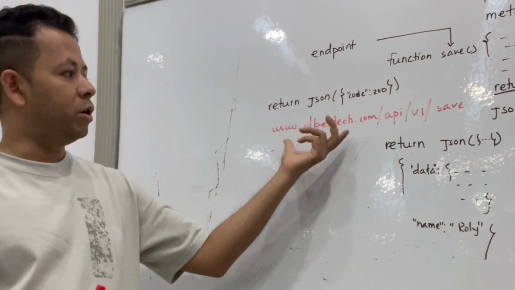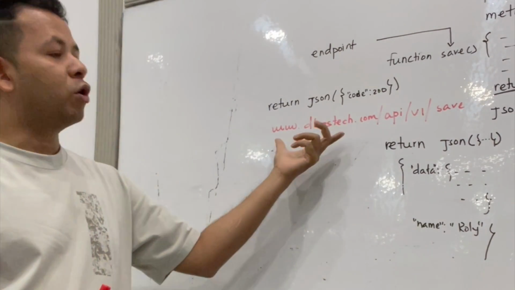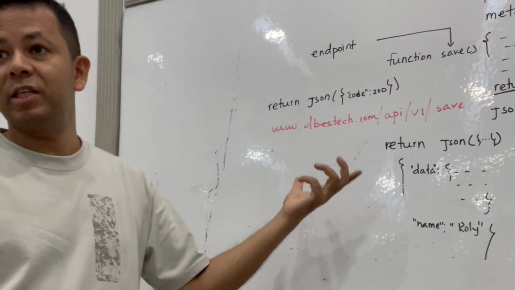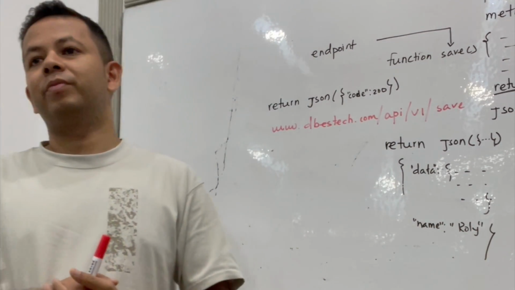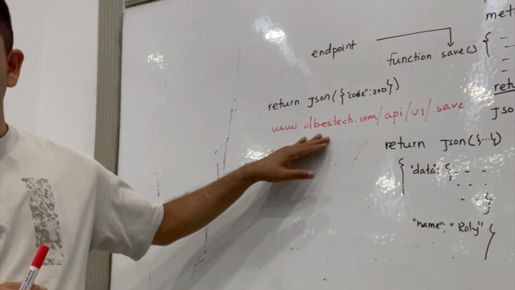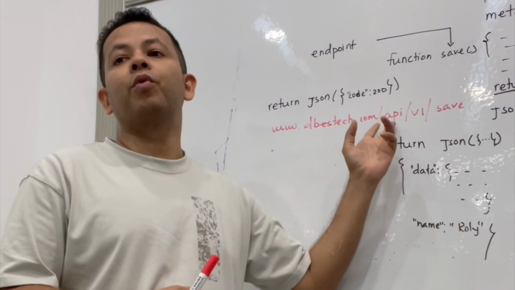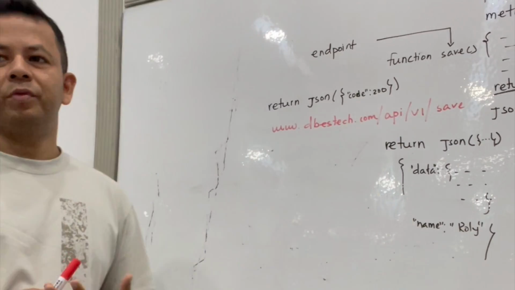Here, you will have your domain name. It's called domain, you know, www.google is a domain, okay? 域名? Yes, right, you got it. And then here, we should write API, okay? It's the convention.